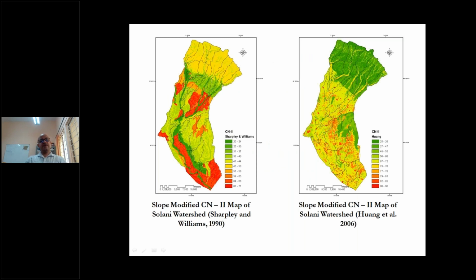We have corrected the curve number 2 using both the formulas, Sharpley-Williams and Huang's formula. So you can see here curve number 2 is corrected.